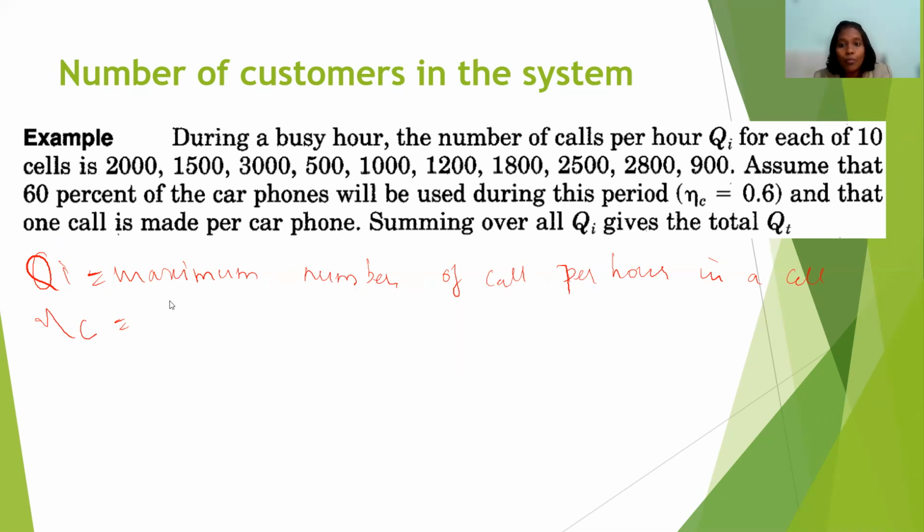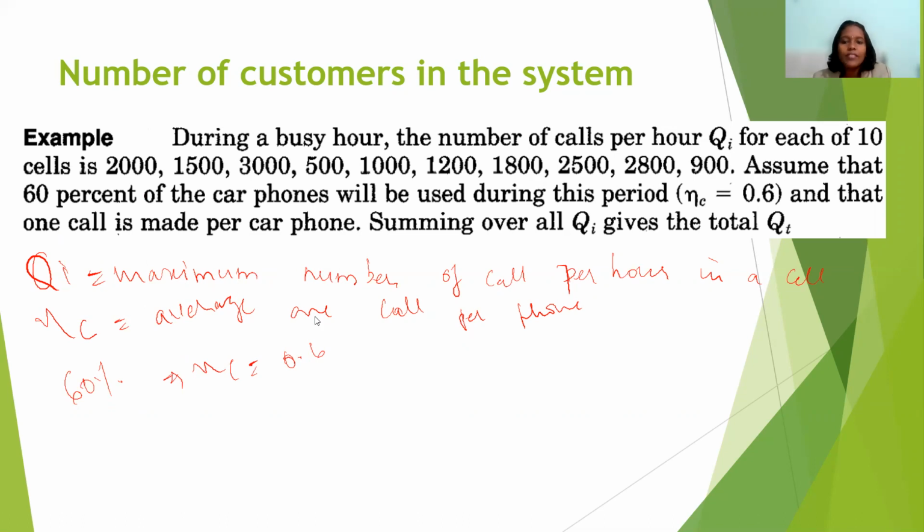On average, they will be taking one call per phone. So if we consider 60% of it is used, then eta C value will be 0.6. Okay. So these are the parameters they consider.